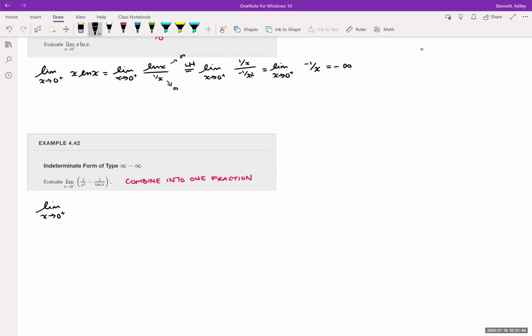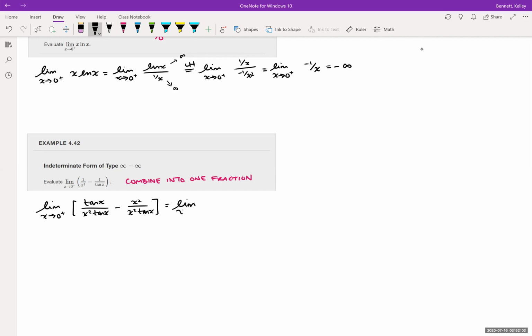So the idea is then to say this is tan x over x squared tan x minus x squared over x squared tan x. So we can see that our common denominator is just x squared tan x, which was the product of the two.